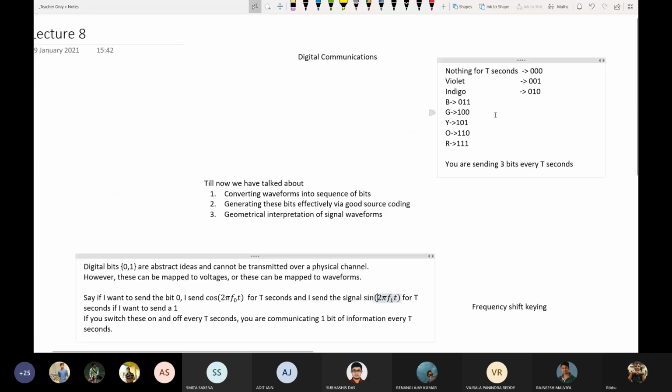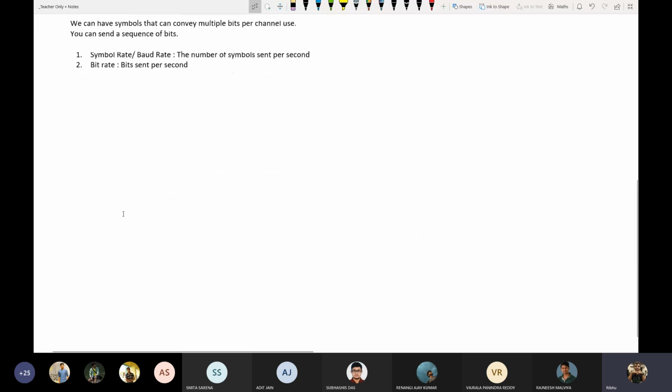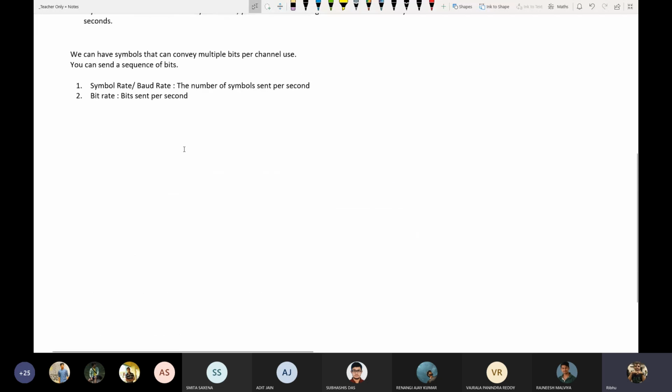You are modulating the carrier waveform such that you are able to send 3 bits every t seconds. Similarly, since we can do this via frequency modulation, we can also invoke other modulation schemes such as amplitude modulation and phase modulation.